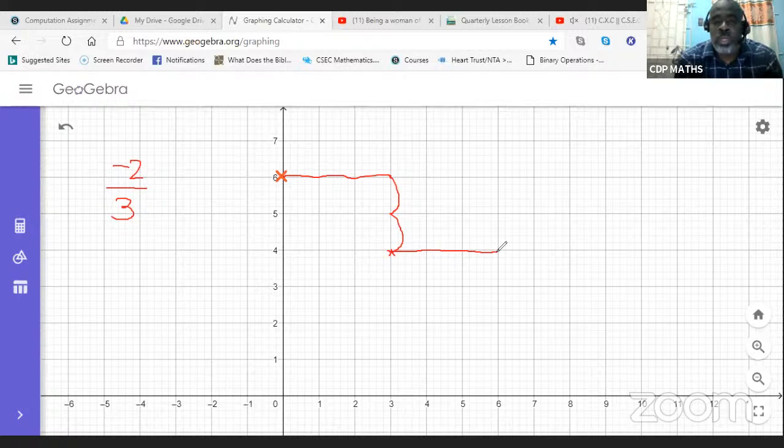Negative 2, so we must come down. 1, 2. So our next point is right here. Same situation. 1, 2, 3. The next negative 2, so we should come down. 1, 2. So the next point is right here. So that's how we use the gradient and the y-intercept, right?